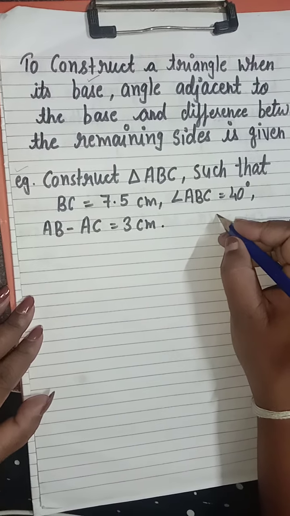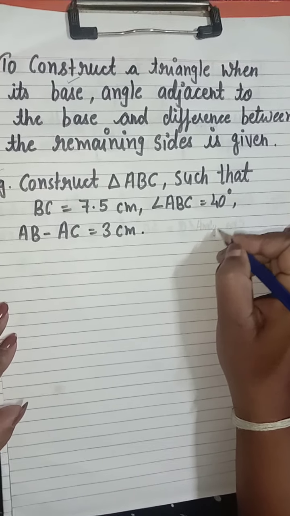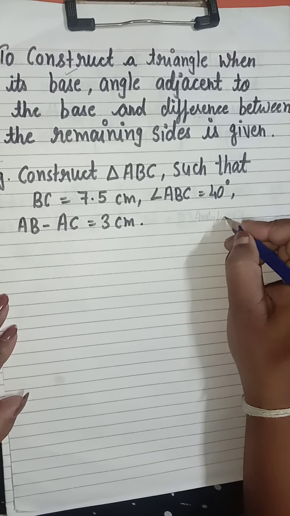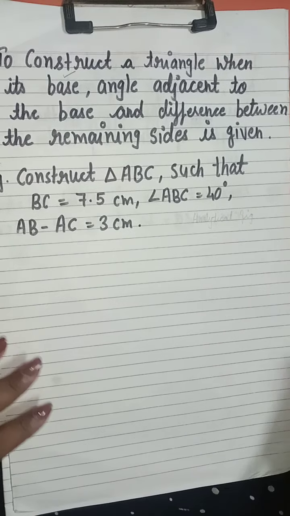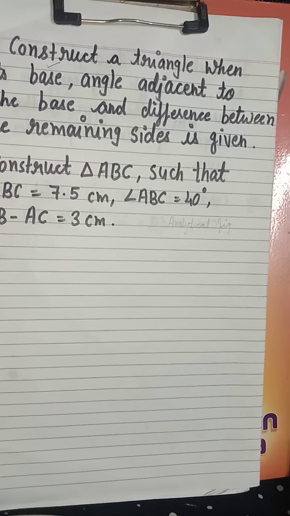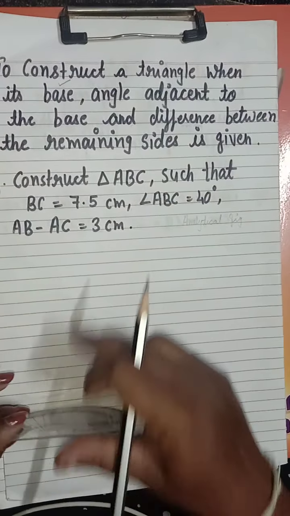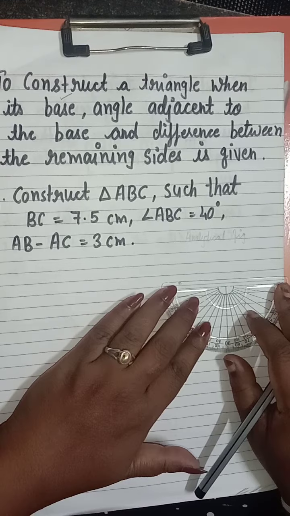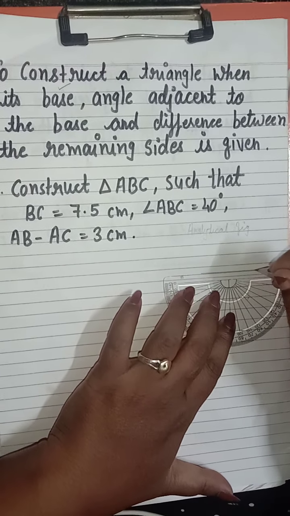So we will start with the analytical figure, the rough figure. In the analytical figure, we will draw the base, which is 7.5. So I am going to just draw the base BC.